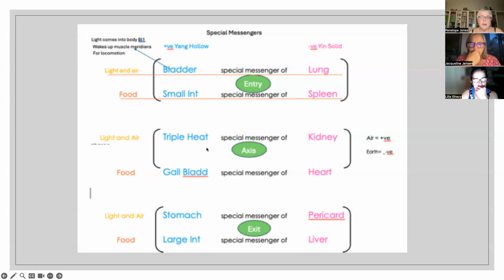The same with problems with blocked energy, depression, etc. You're not getting the proper circulation from the triple heater of the kidney. So look at the kidney, treat the kidney too. Not just the triple heater, but treat the kidney as well.